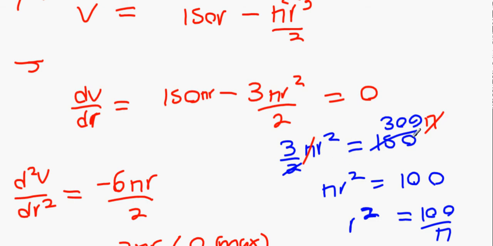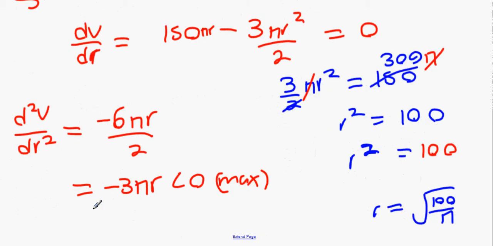So what we're going to get is r squared equals 100, and therefore r equals 10. So the radius equals 10, which is much better than the square root of 100 over pi, which is a very complex answer. So now we know the radius is 10.